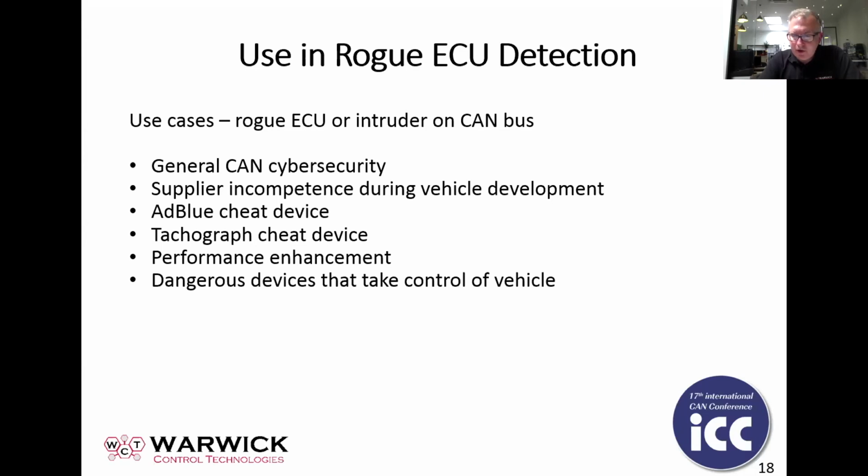For example, when you're developing a prototype vehicle or a prototype CAN system, and then down to the incompetence of one of the partners in the project, they might configure an ECU incorrectly and send the wrong CAN identifiers. So this will help you identify that not all is correct on the system.